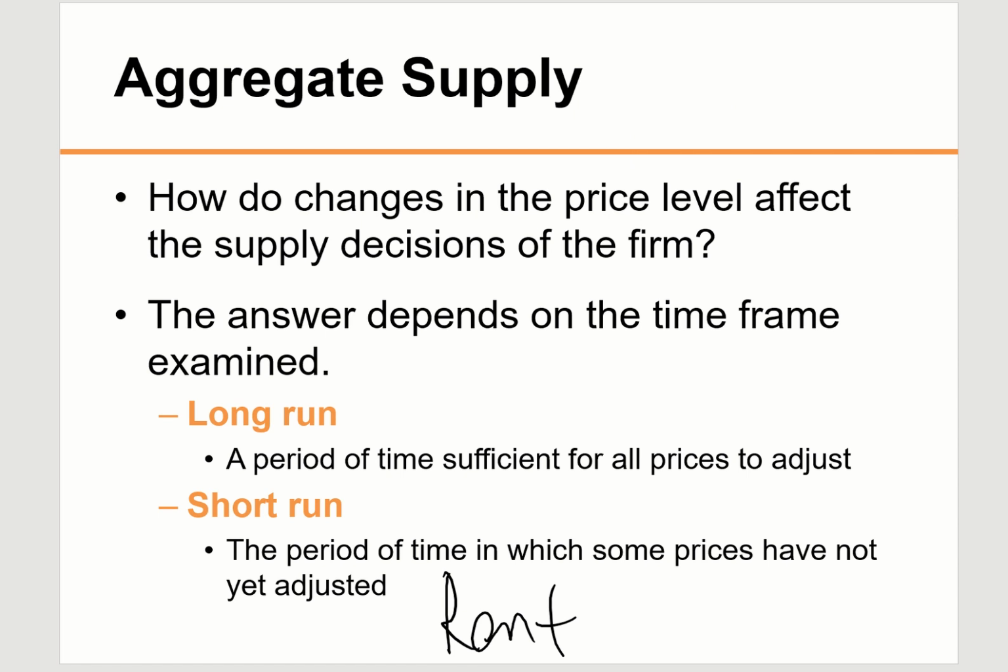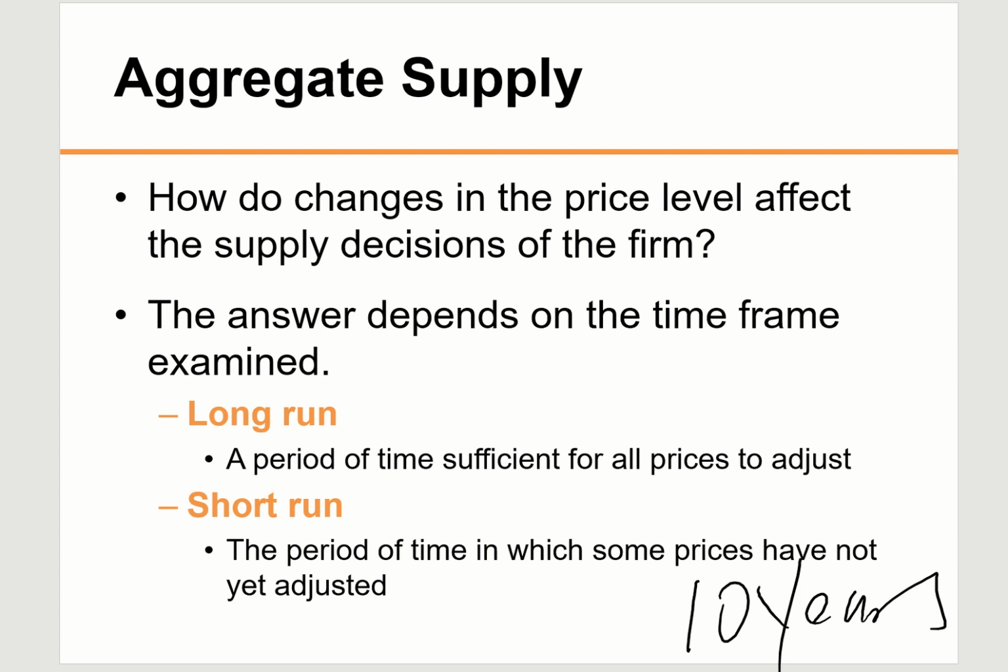But if you look at rent in the long term, suppose you ask a company how much was your rent 10 years ago, the company will tell you, oh, 10 years ago it might have been cheaper, or more expensive. So rent becomes more flexible the longer the time you're talking about. So in the long run, you have no fixed cost. But in the short run, you have fixed costs, such as rent, that wouldn't change in a short span of time.